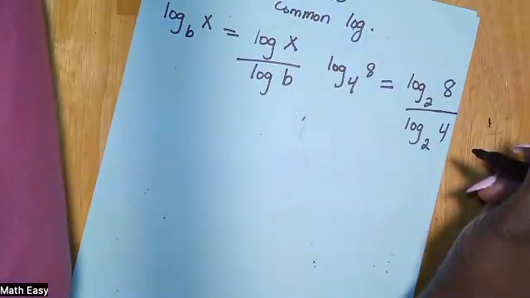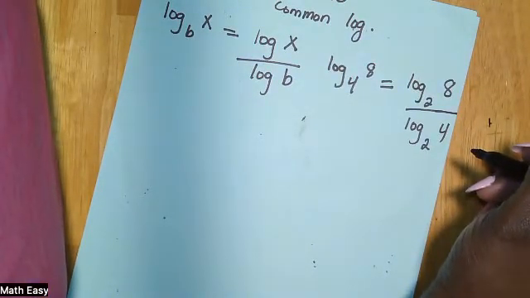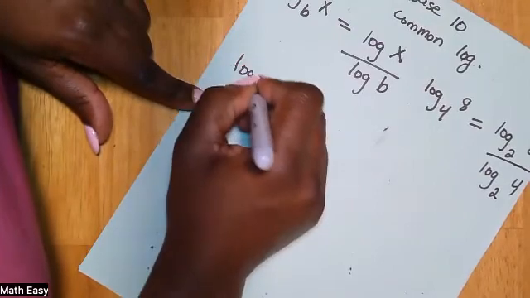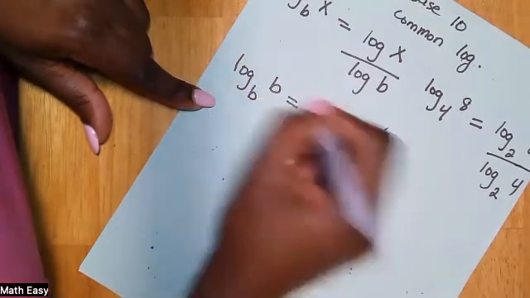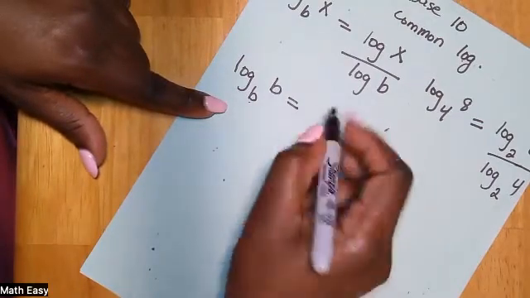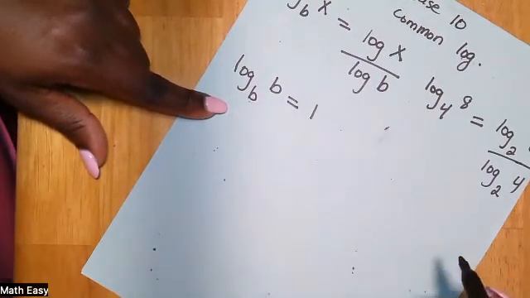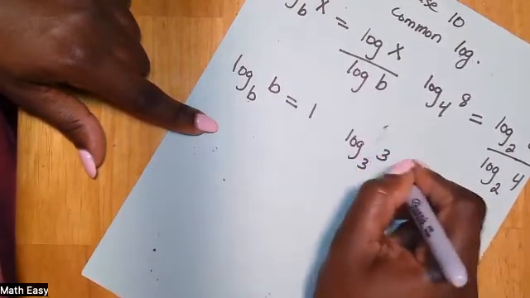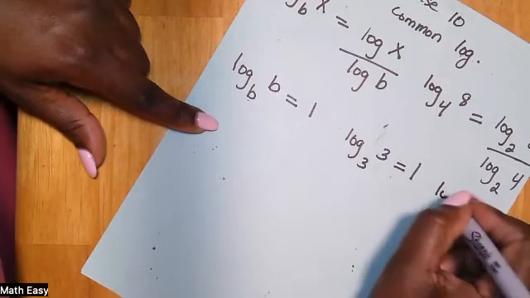The other thing we need to know is that there are special properties of logarithms. The first special property is log base b of b. What do you notice? Your base and your constant are the same. That will be equal to 1. So log base 3 of 3 should be equal to 1.